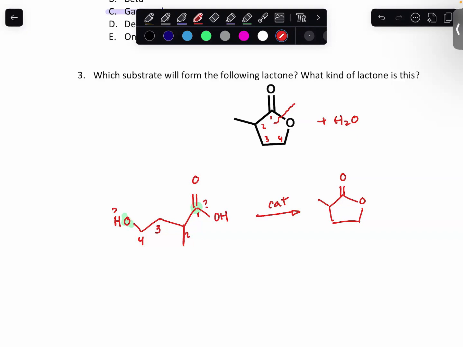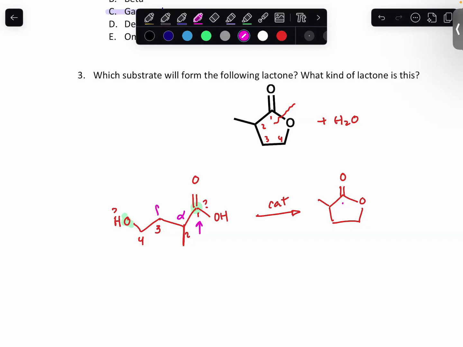What are we feeling? Oh, it is the after the carbonyl, because it makes sense with this one. Which also kind of gives you the answer. So we have our carbonyl.